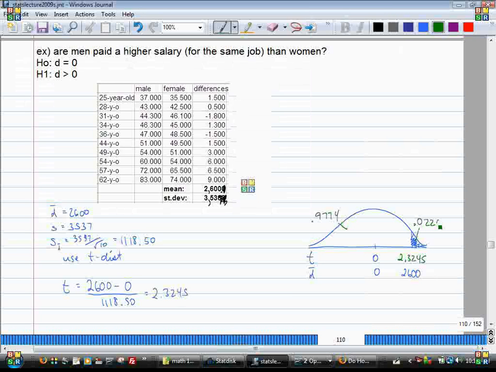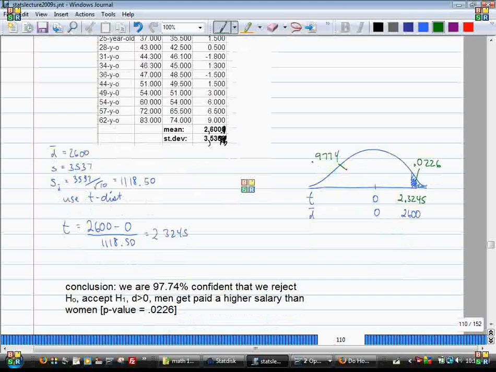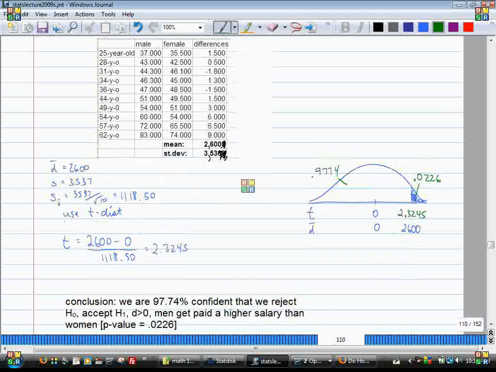And then 0.0226. There you go. D is greater than 0. Men get paid a higher salary than women for the same job. Exactly.